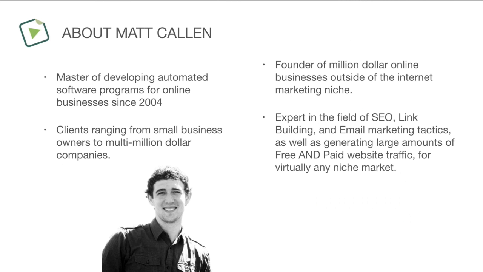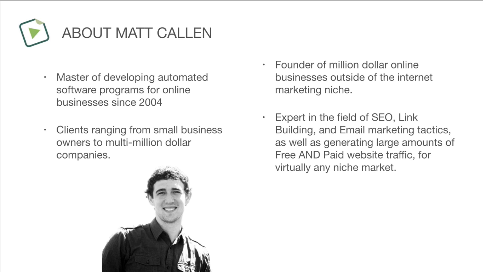Matt, who's also in the background, he is an SEO guru. He's been doing this, I think, longer than I have, for about 10 years or so. And he's mastered the developing of automated software programs for businesses. He's been doing it since 2004. Clients ranging from small businesses to multi-million-dollar companies. And he's founded a $1 million online business outside of the internet marketing niche.